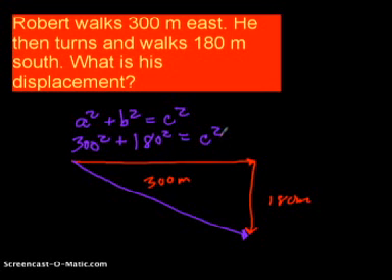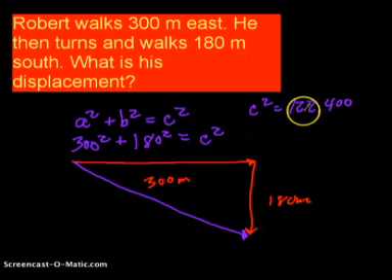Well, when we put that in our calculator here, we get this incredibly large number that c squared is equal to 122,400.